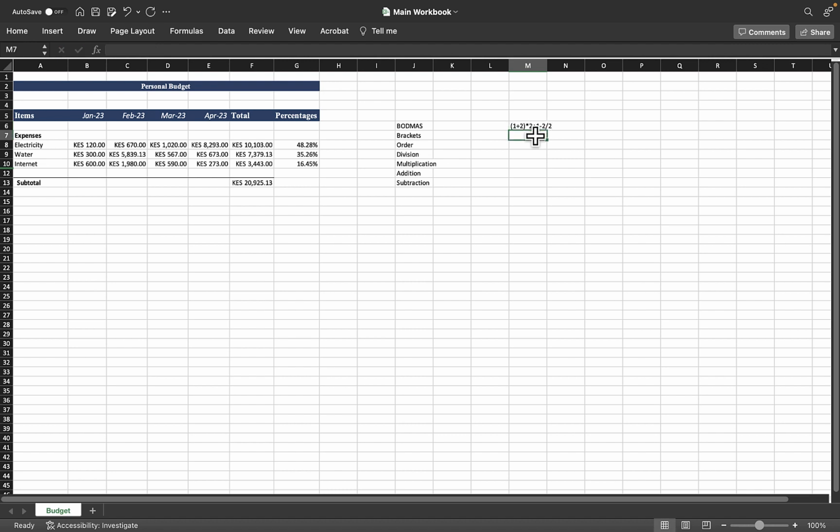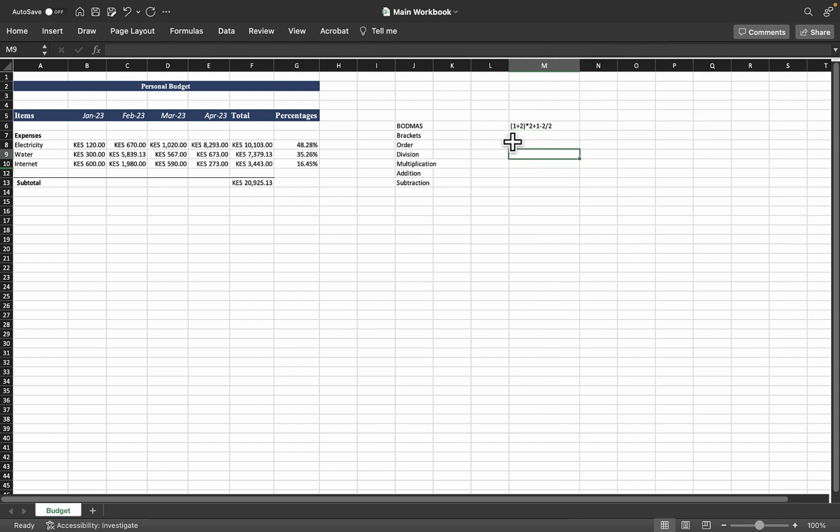Let's try and work this out and see what the response is going to be. I was trying to get all these included here. There are parentheses, division, multiplication, addition, and subtraction. According to the rules of mathematics, brackets come first, so 2 plus 1 is equal to 3.